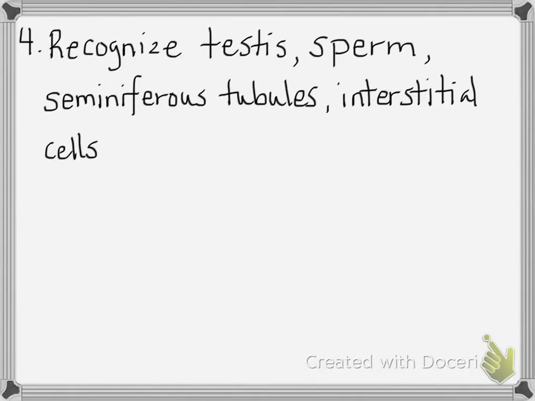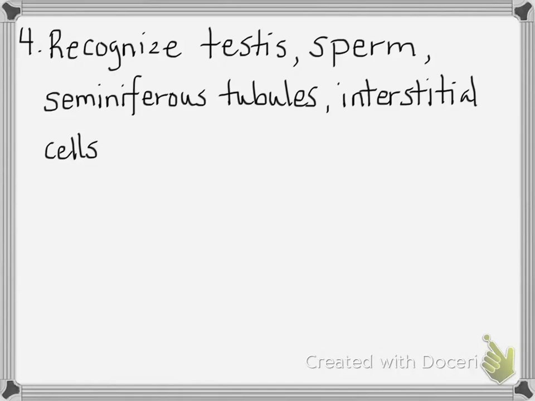Okay, so check out the next page, page 103. Again, the testis is the organ, and then there's a couple parts. There are these big things that look like donuts, and in the center of the donuts you can see little wispy tails. Do you guys see those little wispy tails? What are those? Sperm. So what would be the name of this organ?